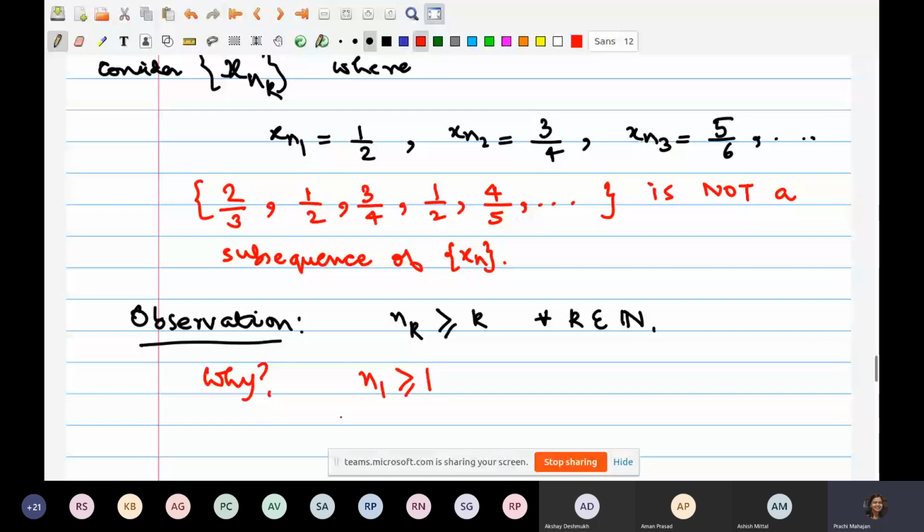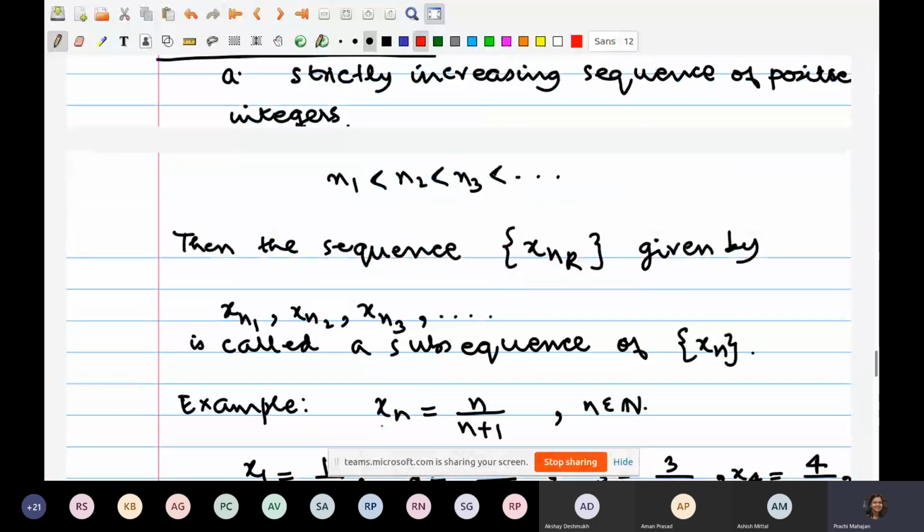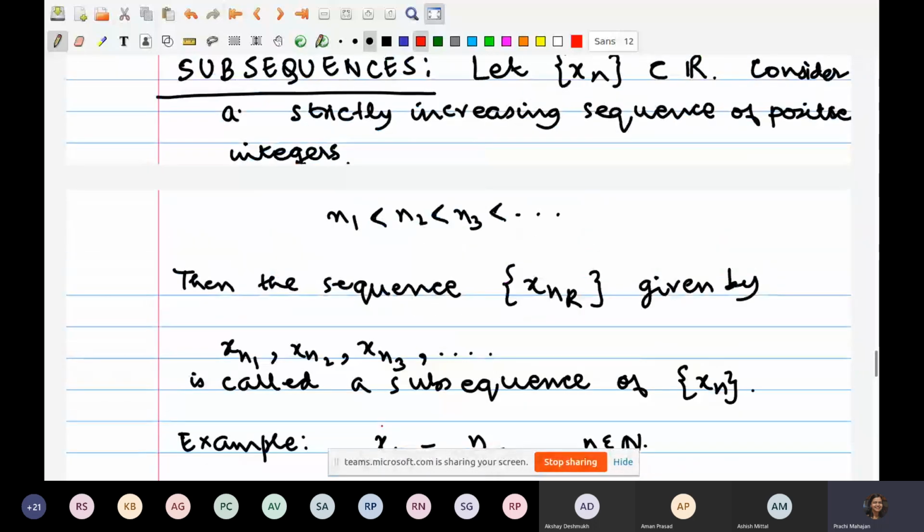Now look at n2. The claim is to show that n2 is at least 2. How do we establish this? All we know is that the sequence n_k is strictly increasing. Please note that I have a strict inequality here. n1 cannot be equal to n2. n1 is strictly less than n2.